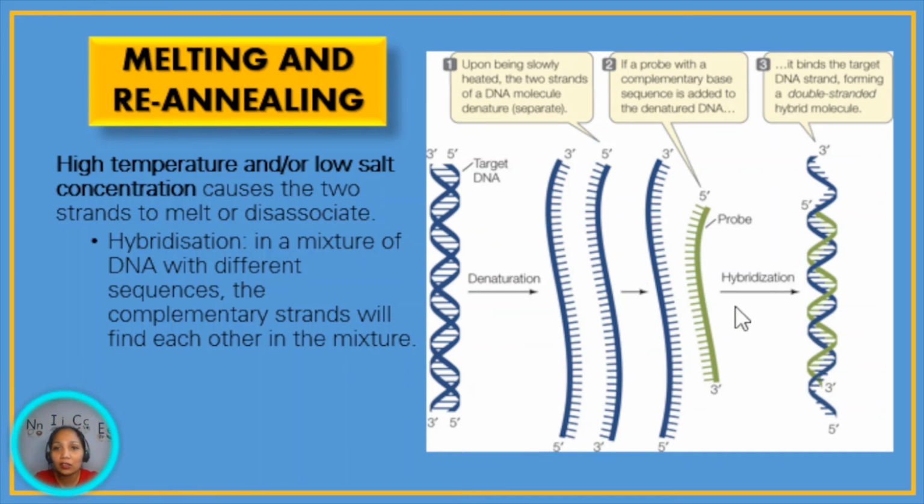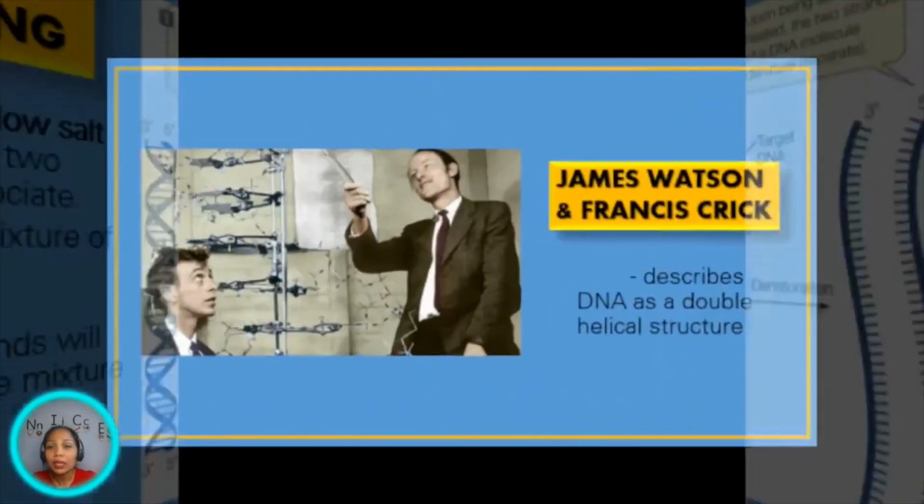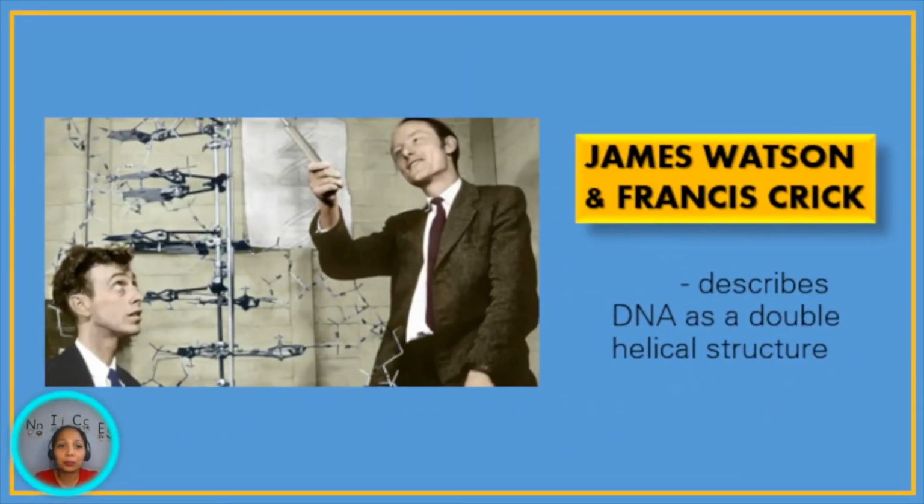It undergoes what we call hybridization. Therefore, it creates a hybrid molecule. DNA hybridization is a powerful tool in molecular biology. And thanks to these scientists, James Watson and Francis Crick, who described DNA as a double helical structure.